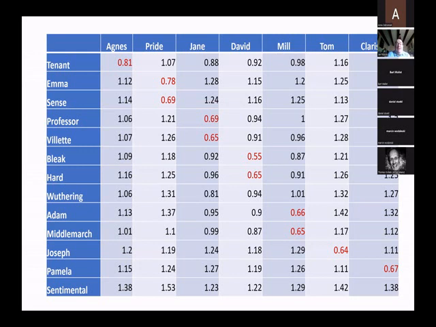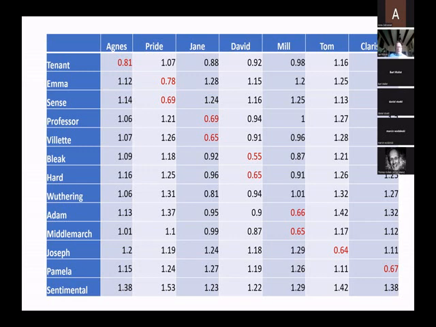Now they come at intersections with Emma and Sense, which must be Sense and Sensibility. Wait a minute, who wrote that? The same person who wrote Pride and Prejudice, Jane Austen. Wait a minute.